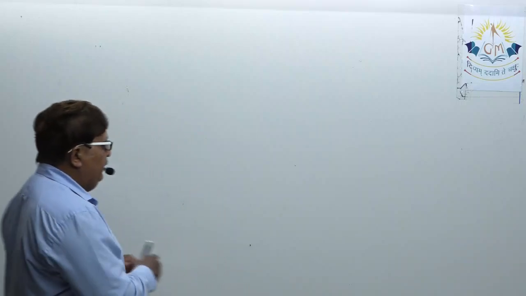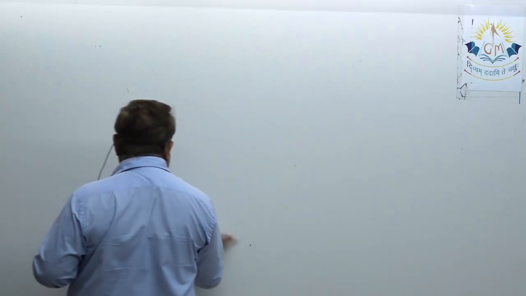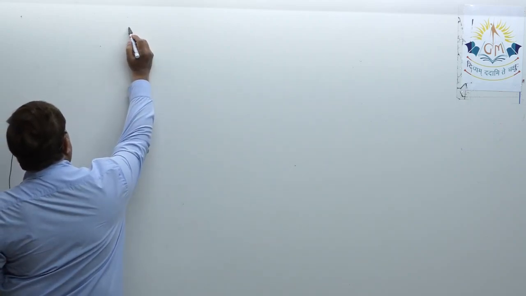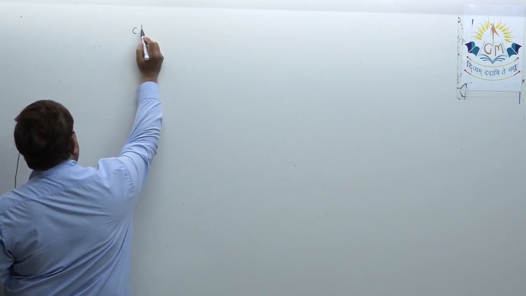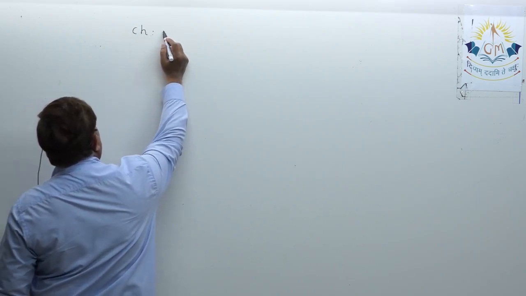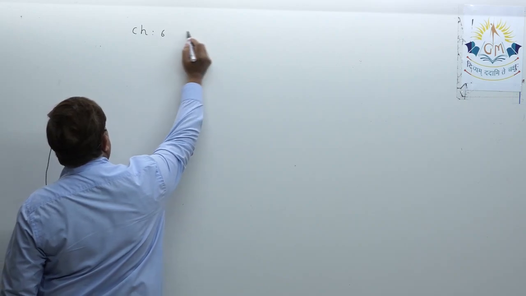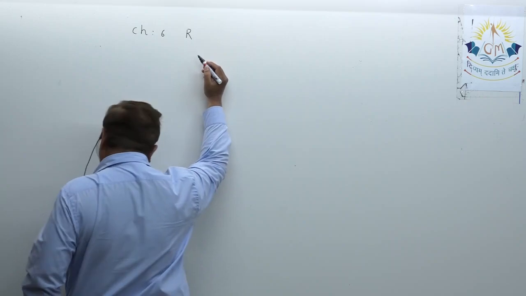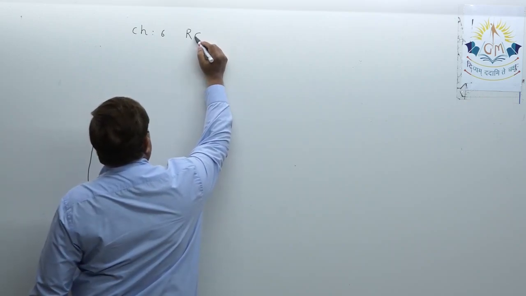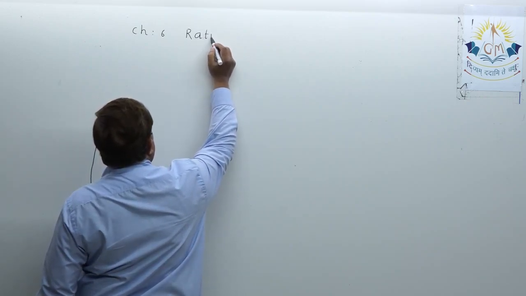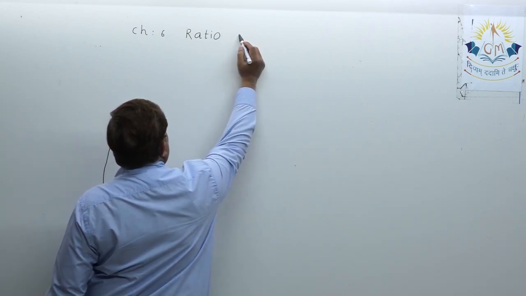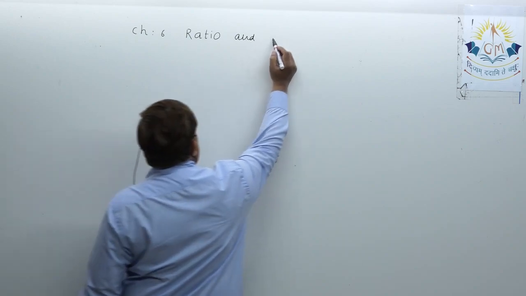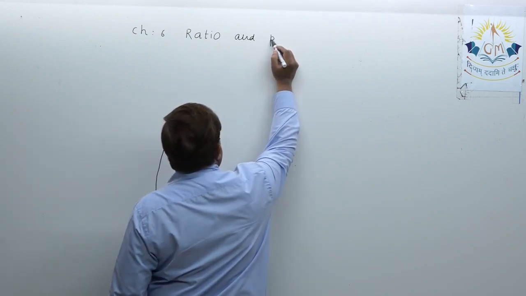Let us first write the title of the lecture. Chapter 6, as you know, title of the chapter: ratio and proportion.